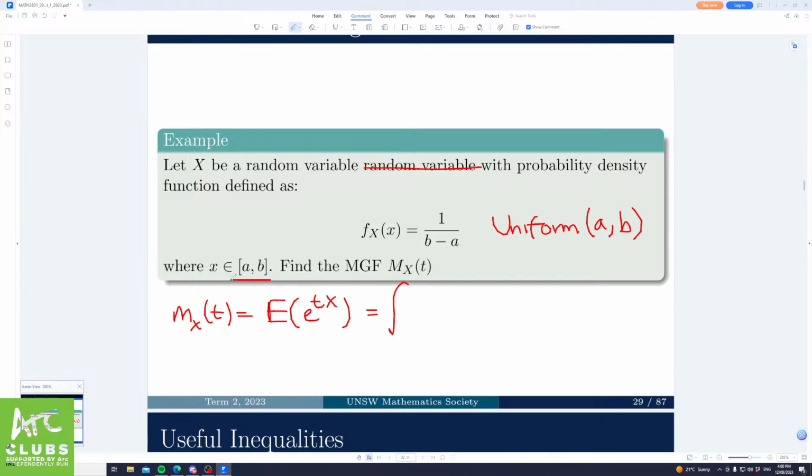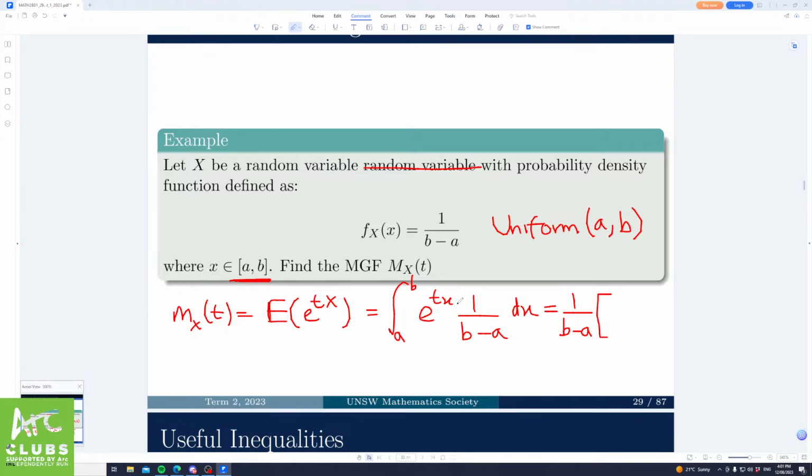We know that all the possible scores lie between a and b, so those are our limits of integration, and our function g of x is going to be e to the tx here. We also have to multiply it by the PDF, which is 1 on b minus a dx. Now, 1 on b minus a is a constant, so I can take that out of the integral, and all I need to do is integrate e to the tx.